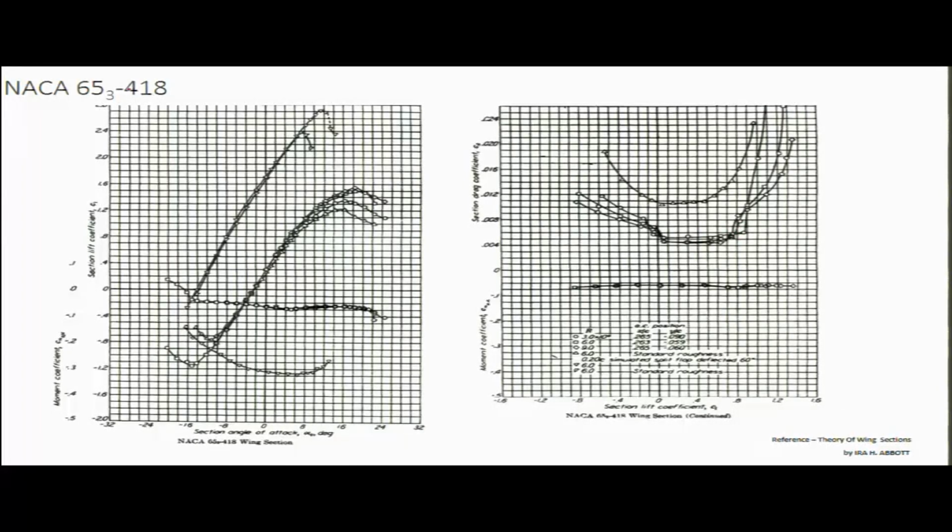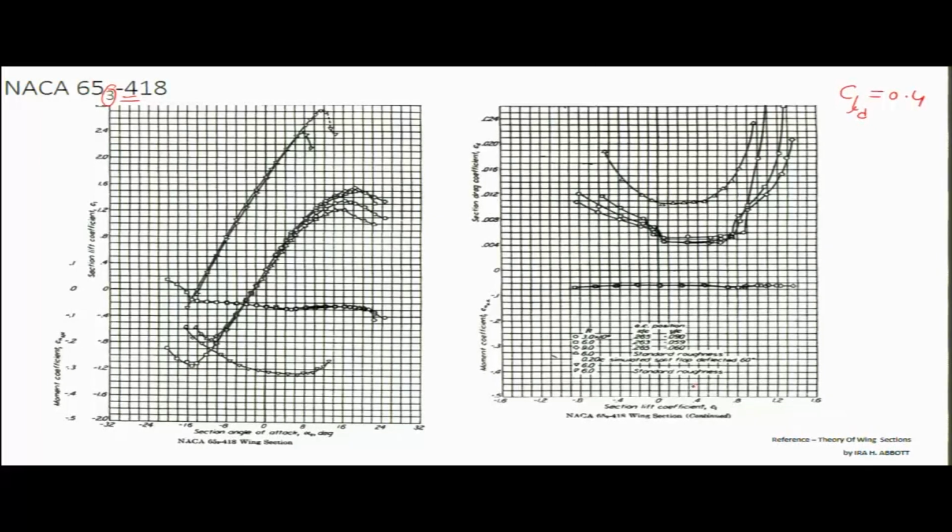Now, let us look at the significance of this subscript 3 here. From the nomenclature 65418 we can find the design CL for this particular aerofoil, which is 0.4. This 4, multiplied by 1 by 10, represents the corresponding design CL.